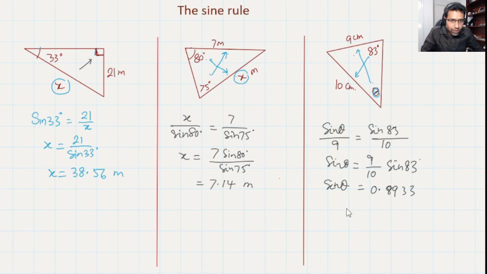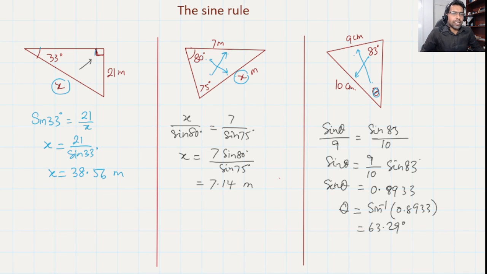What we have to find out is theta, so you just need to do sine inverse of that value, right? So we use shift sine. I can write sine inverse of 0.8933. As you are going to use this value for the next calculation, I would like to keep more decimal places to make it more accurate. Now you do shift sine of the answer, which gives us 63.29 degrees. So you see you can get the degree.